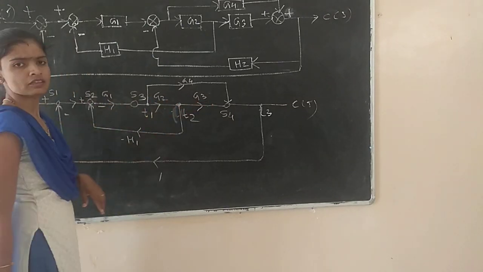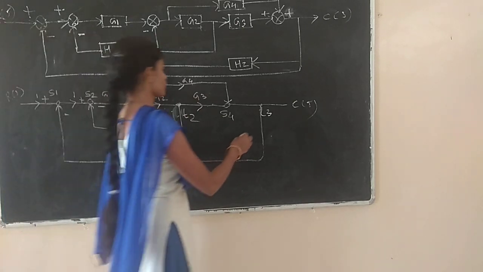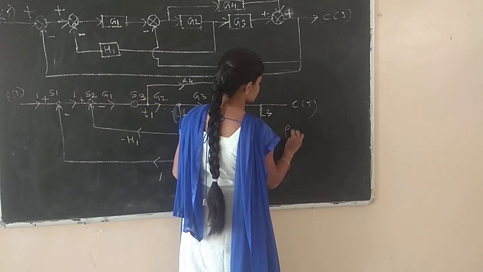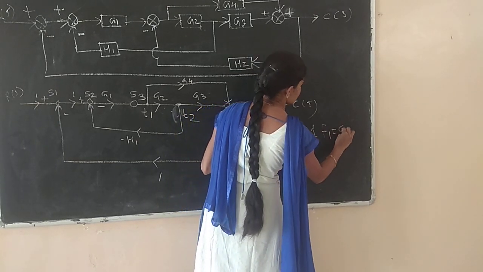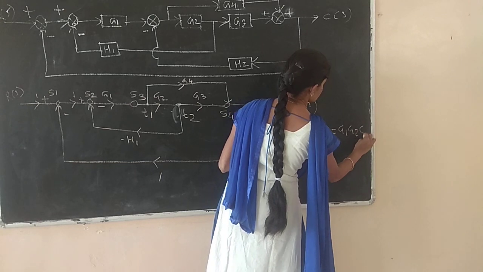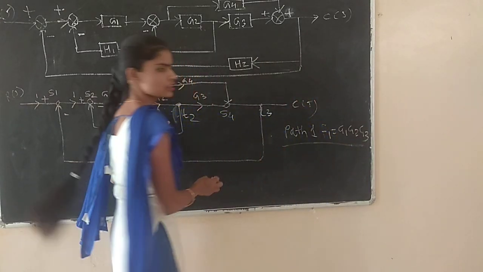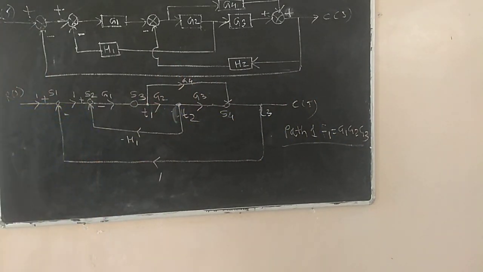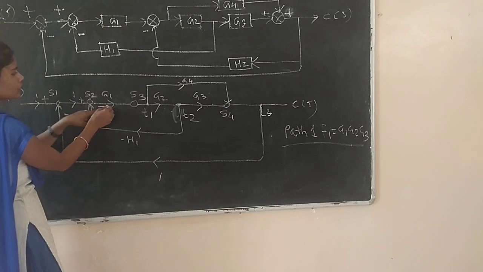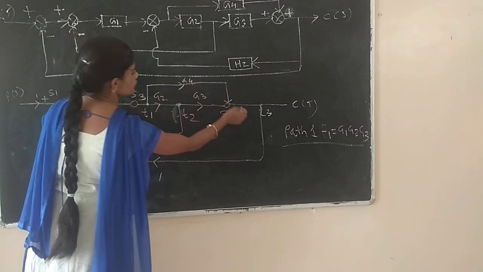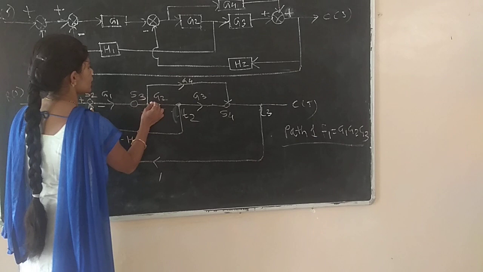Then the second forward path is G1 and G4.